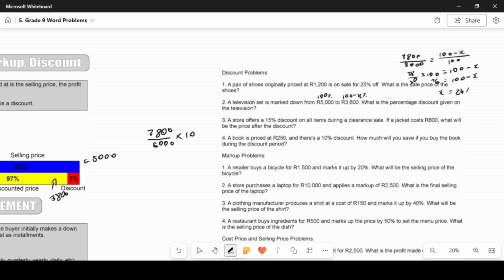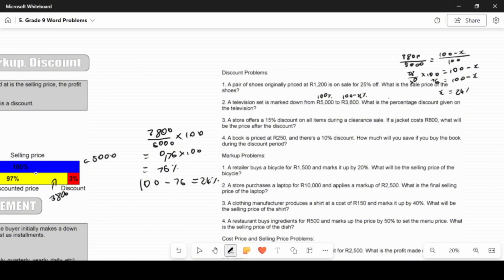I'll multiply it by 100 and I'll get a percentage. So this gives me 0.76 multiplied by 100, which is 76%. So 76% of the total selling price is the discounted price. But we want to find the discount rate, so 100 minus 76 will give you 24%. Understood? And that's how you could solve the problem.